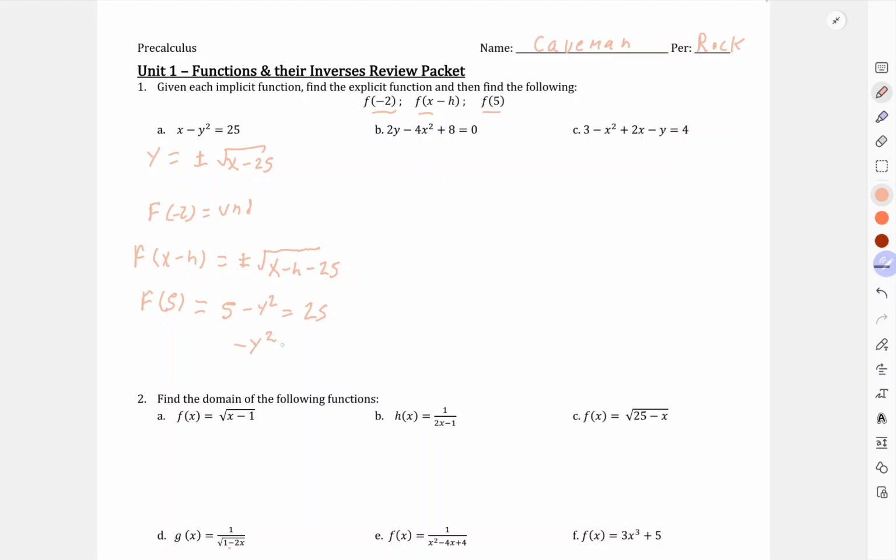Negative y squared equals 20. Now, you can't really do anything with this, so it's really undefined. So y equals root of negative 20. You can't do anything with root of negative 20. That is undefined. My bad. All right. Next one.